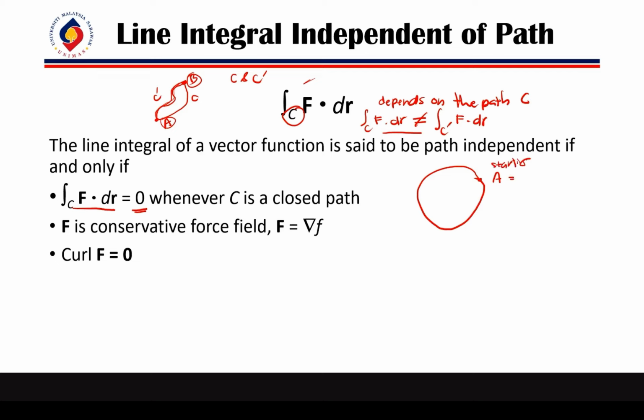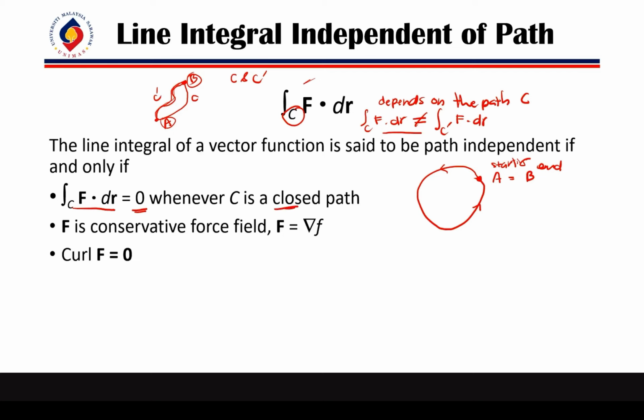When there is a closed path, point A is equal to B, the end point. So when we travel along this path, we start at point A and we end at point A.